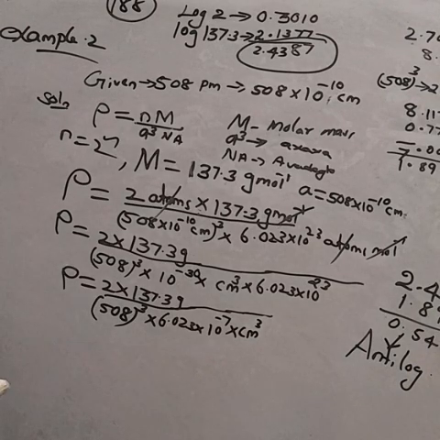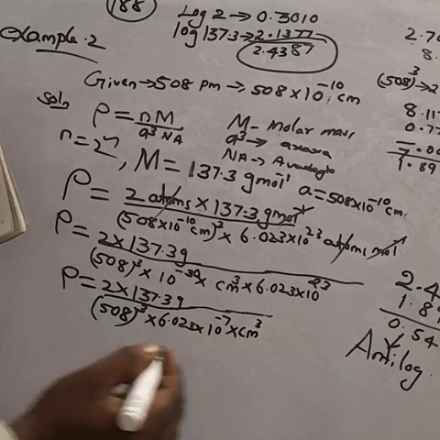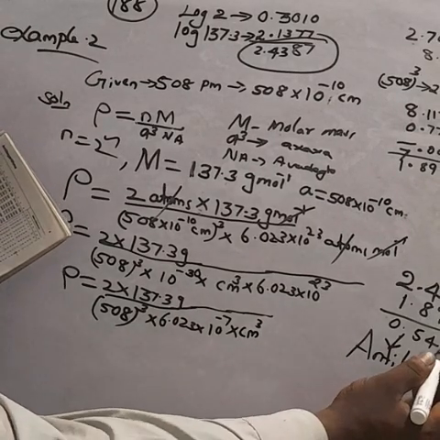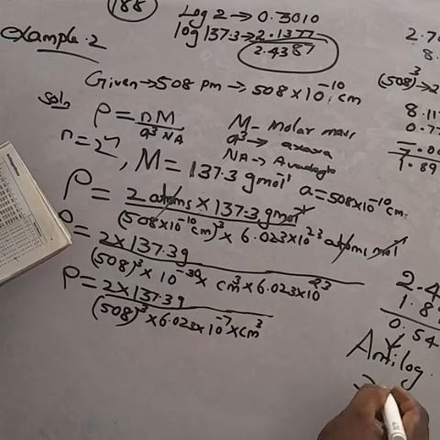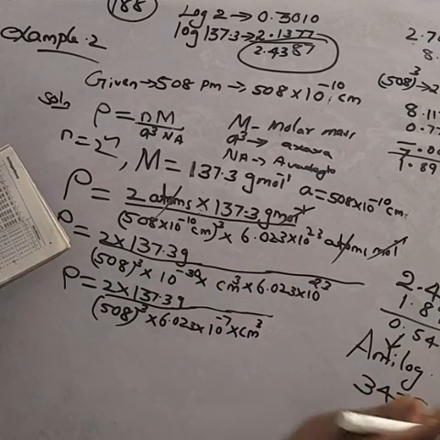Anti-log means the page number of the logarithm book. Take the page number of the logarithm. 54 means logarithm page number 5. 54 versus 1, first one, 3475. What's the answer right here? 3475.